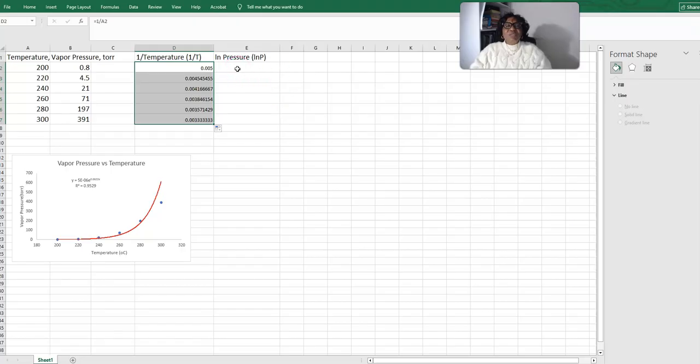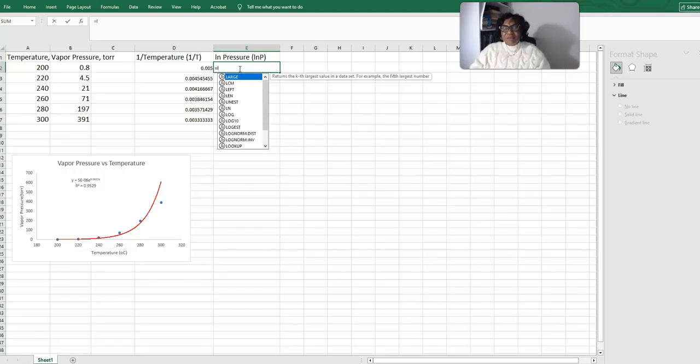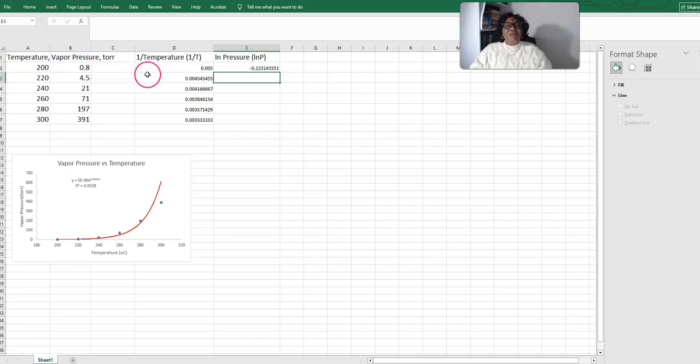Then go to ln P. We want to find ln P. Put equal sign, then ln. You see that you have everything, but find the one that we want: return the natural logarithm of the number. Click it, then click the numbers. Press enter, then go back and pull it.